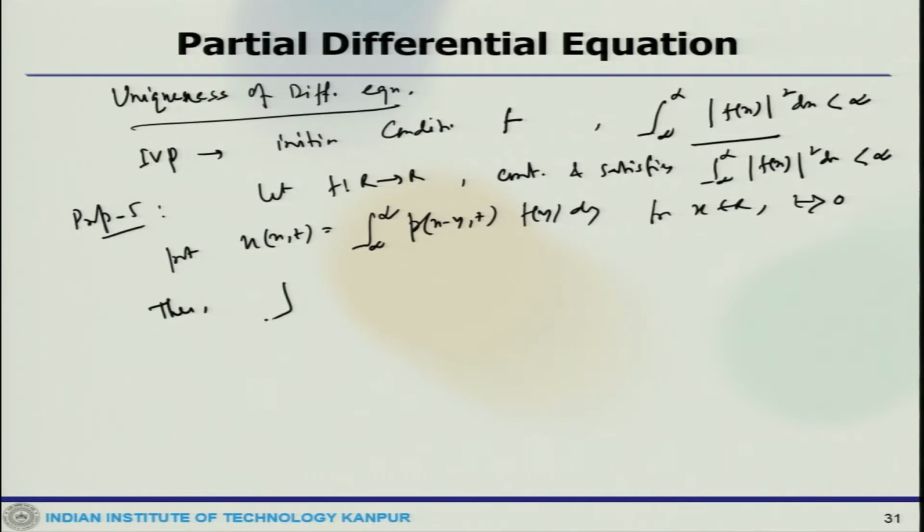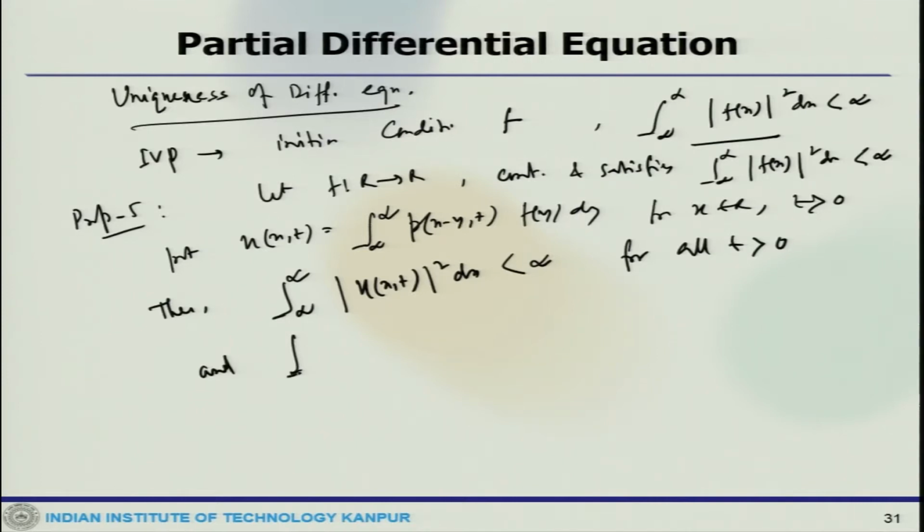Then we have the integral from minus infinity to plus infinity of u squared dx less than infinity for all t greater than 0, and the integral from minus infinity to plus infinity of (del u by del x)(x,t) squared dx less than infinity for all t greater than 0.